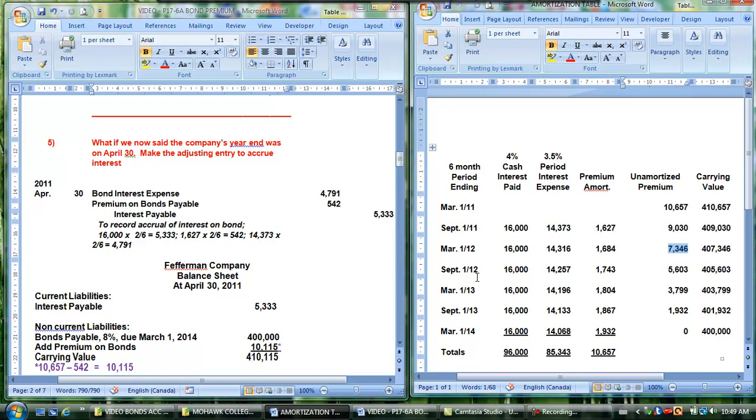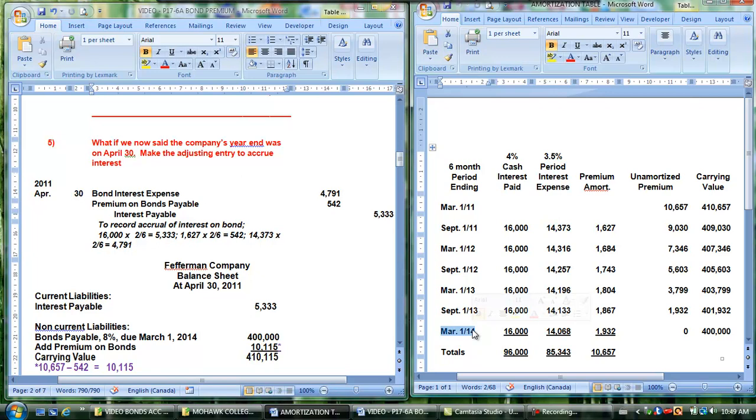Now I want you to assume that there's an April 30th year end every year. So that means we're going to have to make an entry to accrue interest, which means set up an interest liability at the end of April 2011, 2012, and 2013. We won't have to worry about April 2014 because don't forget, the bond matures before that, March the 1st, 2014.